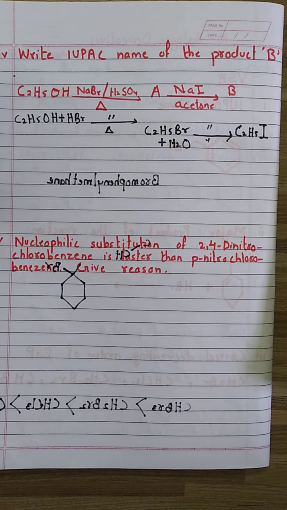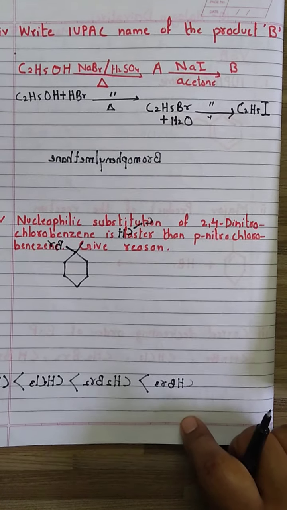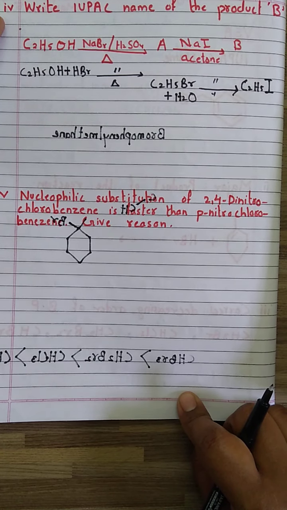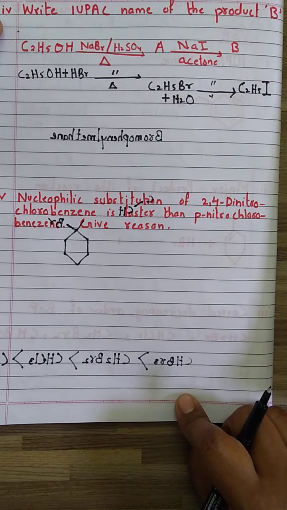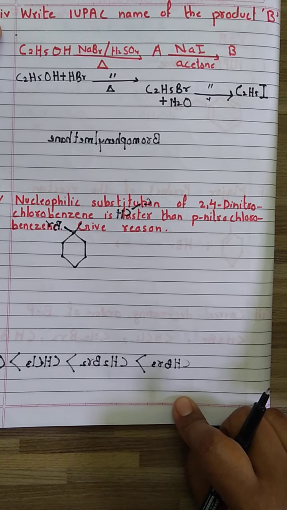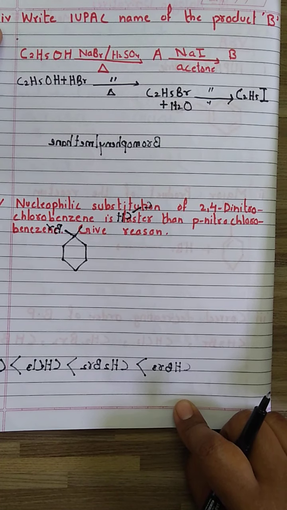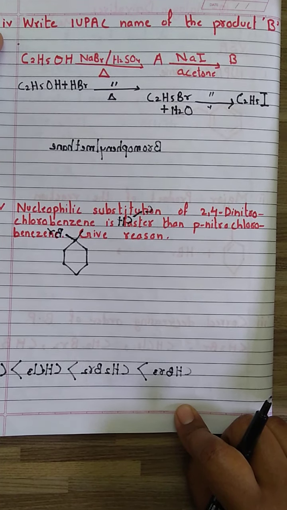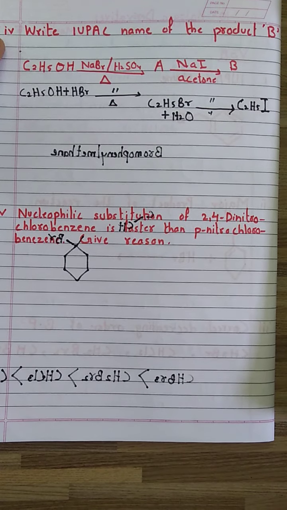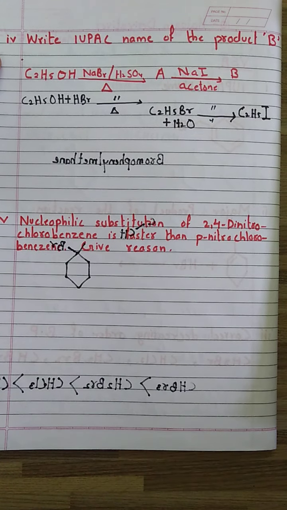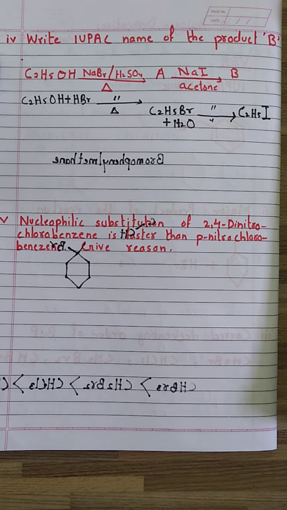Then the next question is, nucleophilic substitution of 2,4-dinitrochlorobenzene is faster than para-nitrochlorobenzene. You have been asked to give the reason. Now look, remember chlorobenzene or any halo monosubstituted benzenes are quite less reactive towards substitution reaction.